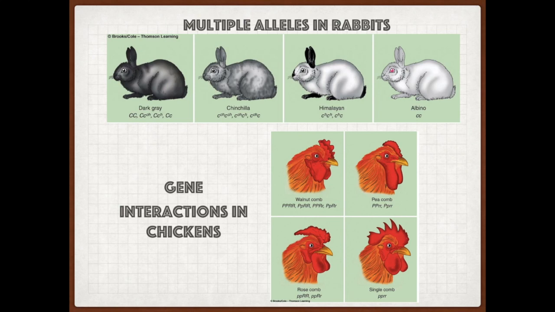Down here with the chicken, we have the different combs, different size and shape and pattern. These are still giving us the basic genetic information, but because of the multiple alleles, it can give us different colors and so forth. This will tie in with hair color or even eye color sometimes, for hair color, red hair.